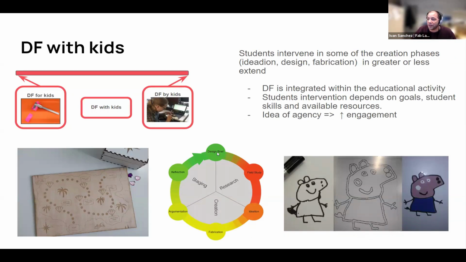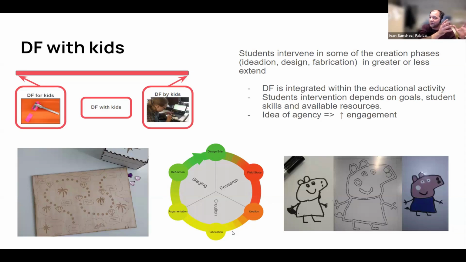Of course, one of the important things is that you need to take into consideration the learning goals. Perhaps for achieving these learning goals, they don't need to go through all the steps in the design process model. You can just do the ideation if that is enough, or if you provide already some solution, just providing a way of fabricating the solution is enough.